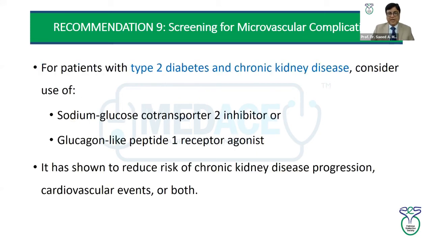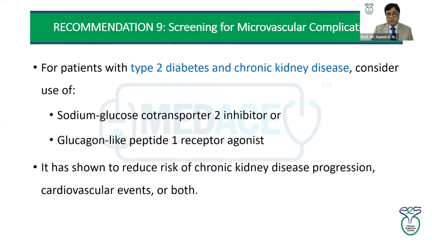For patients with diabetes and chronic kidney disease, the use of sodium glucose transport inhibitors is something which nowadays has very positive results. GLP-1 receptor agonists and SGLT2 inhibitors have both been shown to reduce chronic kidney disease progression and cardiovascular death.